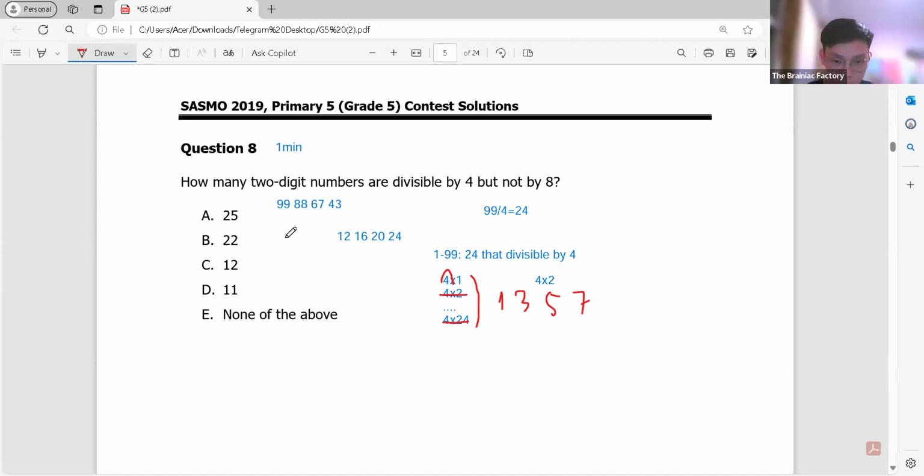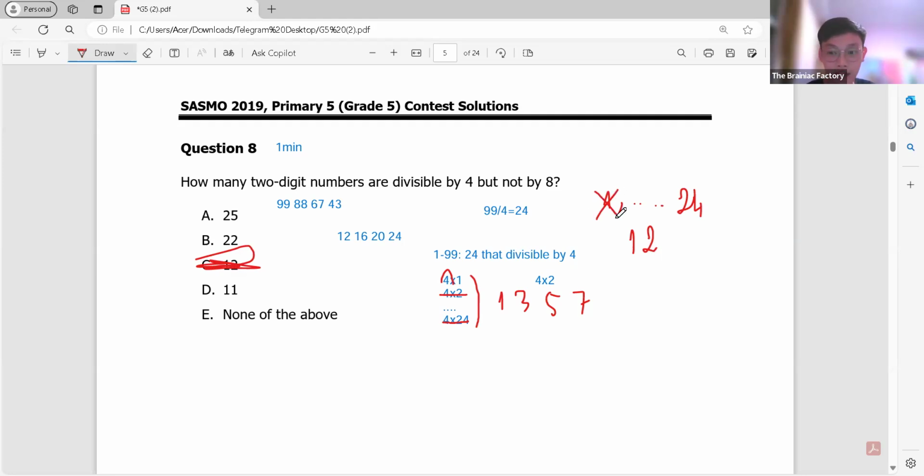Okay, so as we know, from 1 to 24, we're having half even and half odd. So the odd is gonna be 12, isn't it? But the answer is not actually C, which is 12. It's not the final answer. We have to think of something that we cannot include.